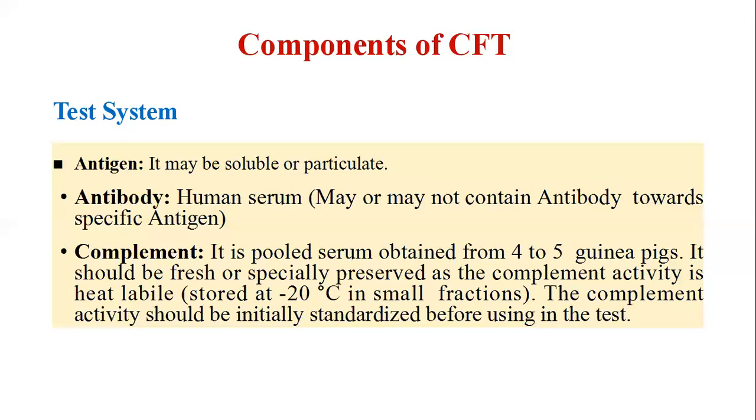When preserving at minus 20 degrees centigrade, we must aliquot it and keep it in small fractions, because repeated freezing and thawing will lose the activity of the complement. The complement activity should be standardized before starting your experiment or the test.